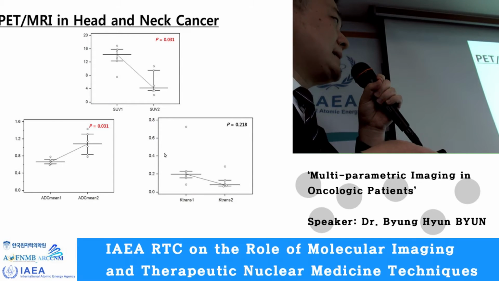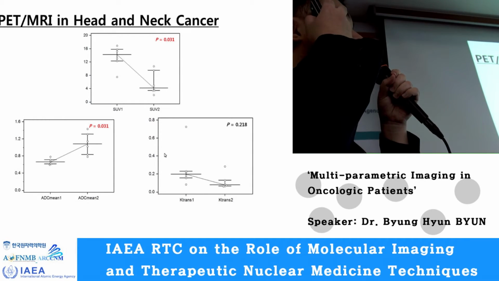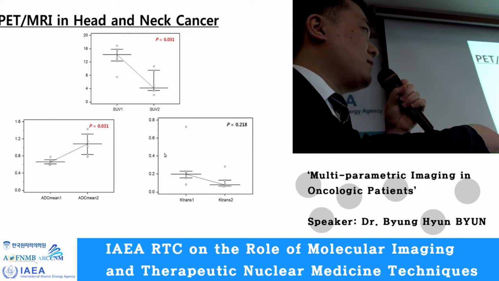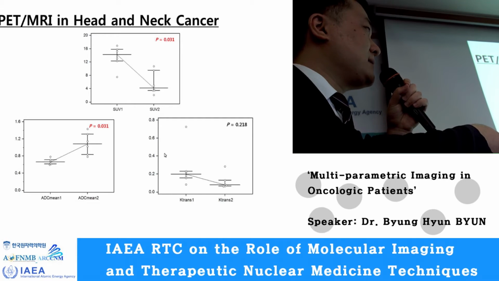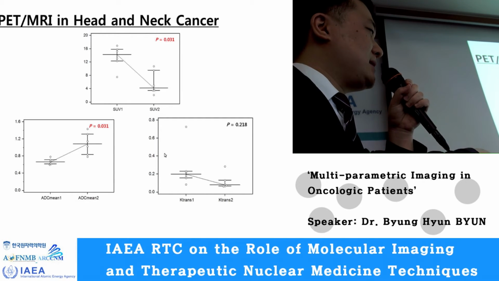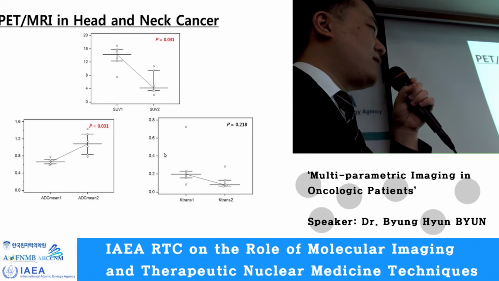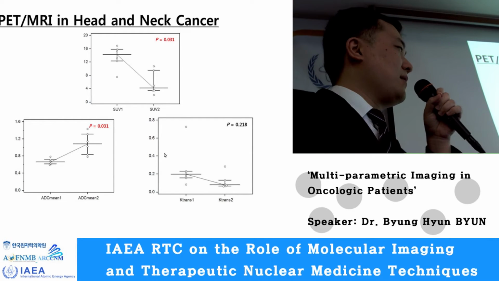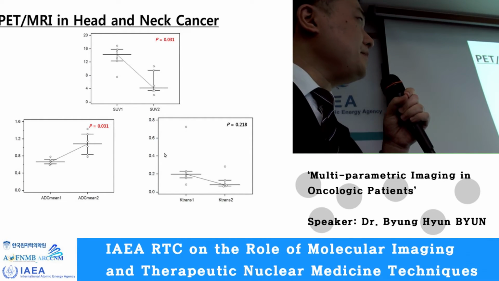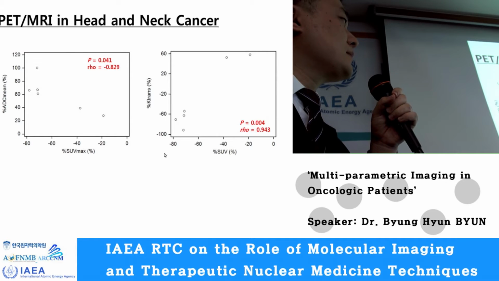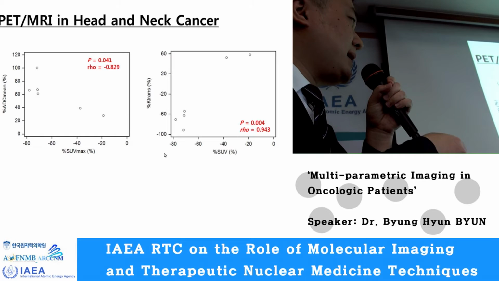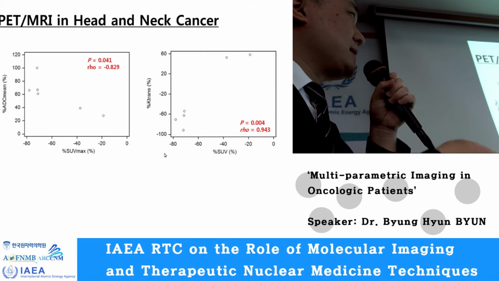When we summarize the 6 patients, we saw a significant decrease in SUV in head and neck cancer, a significant increase in ADC, and some tendency to decrease in heat trans. We are continuing this study. There were significant correlations between SUV, ADC, and heat trans.